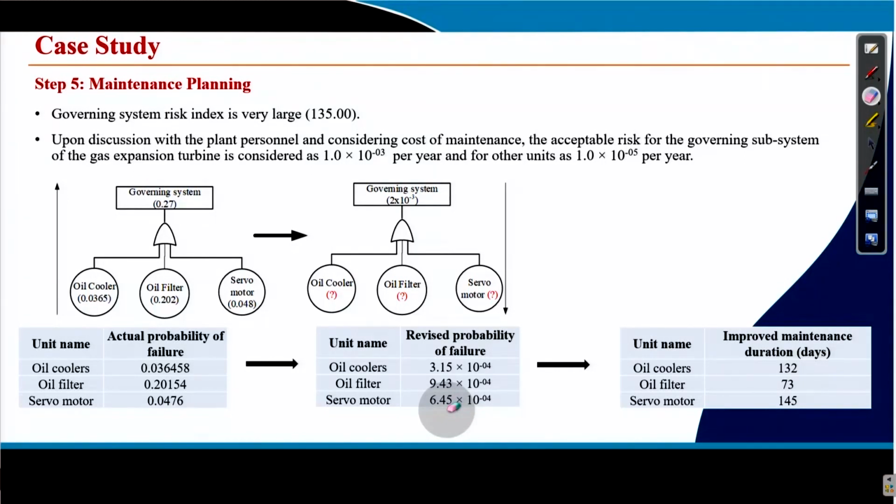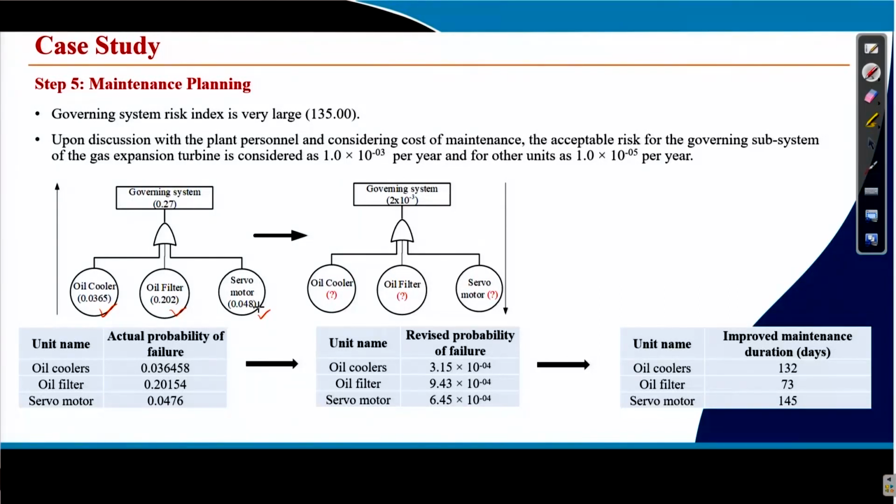and then we have done this, and finally based on the inputs from the plant, we found out that oil cooler, oil filter and servo motor, these are the three components in the governing system. They are contributing the maximum to the failure of the governing system in comparison to other components.